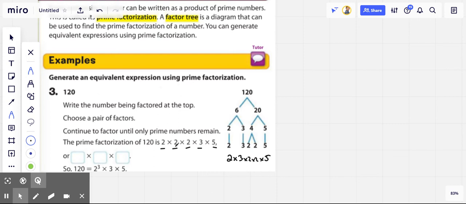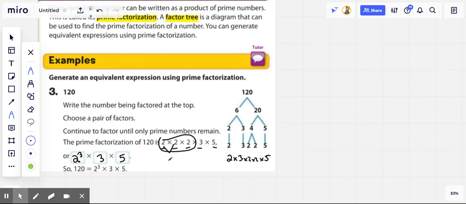We can also write it, instead of writing the 3 2's, as 2 to the third times 3 times 5. There's 3 2's, so we just put those together, because 2 times 2 is 4, and 4 times 2 is 8. So 2 to the power of 3, or 2 cubed, also equals 8.